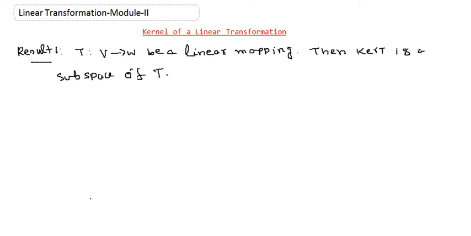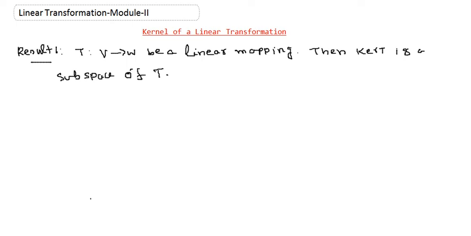Just go through the previous video and you will find that. We also discussed that the kernel of T, in the last part, is generated or spanned by the vector. So that's a subspace. So for any linear transformation from a vector space V to W, the kernel of T is always a subspace of V.